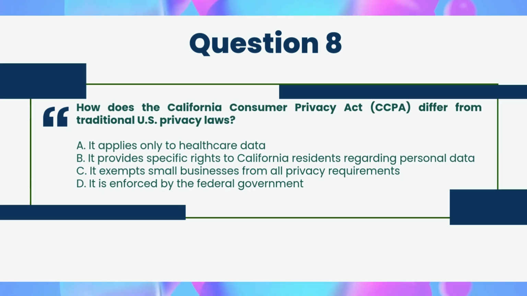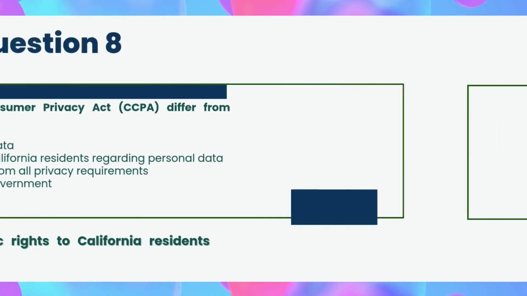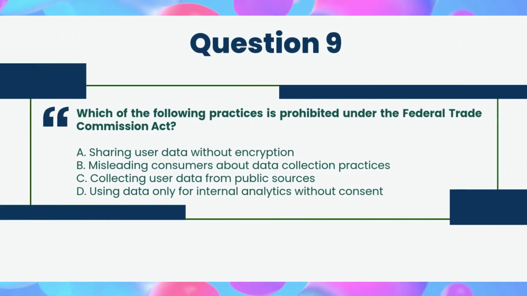The answer is B. It provides specific rights to California residents regarding personal data. The CCPA grants California residents specific rights over their personal information, which differ from traditional U.S. privacy laws.